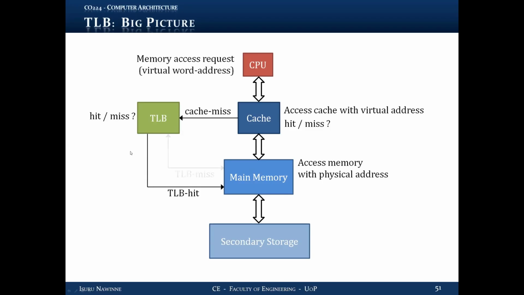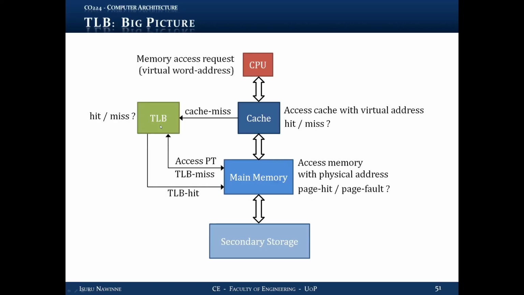If we have a TLB miss, that is, the TLB does not contain the address translation, we have to access the page table in the main memory to get the address translated. When we look at the page table, we may get a page hit or a page fault, right? That is, the page is in the memory or not in the memory.